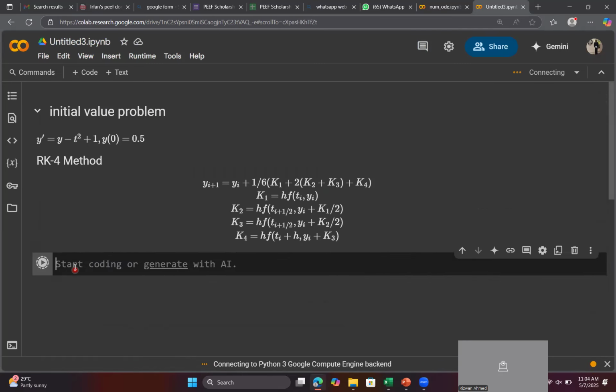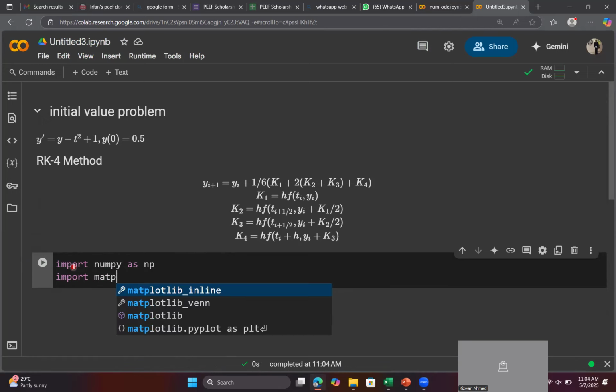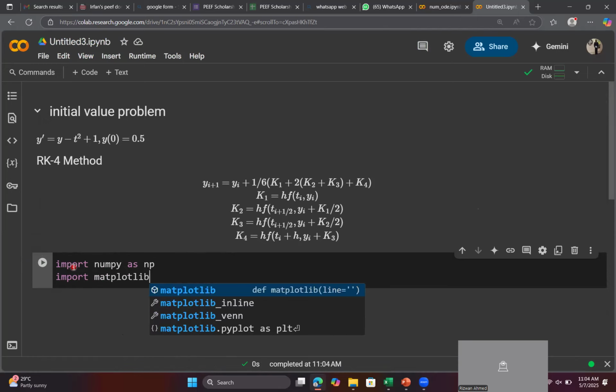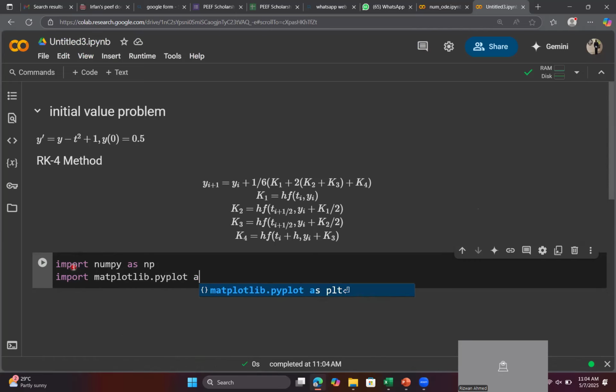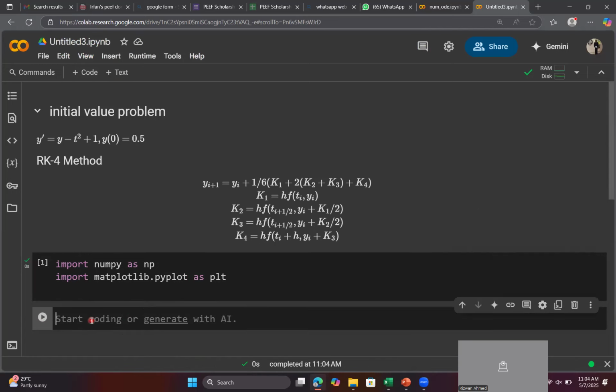In the Python code, I import the libraries: import numpy as np, and import matplotlib.pyplot as plt. The strategy is to define the derivative function from the differential equation's right side.